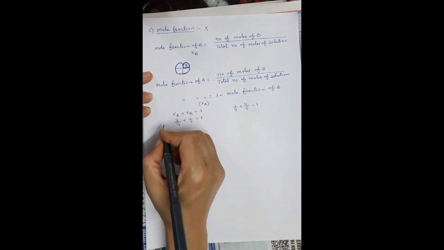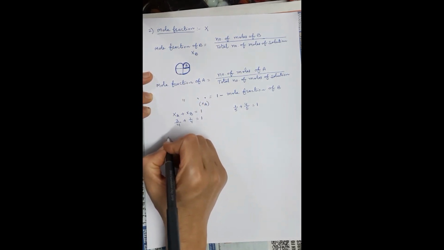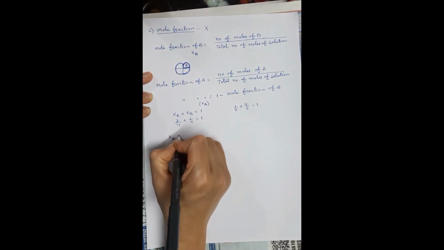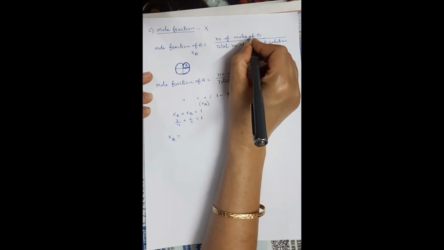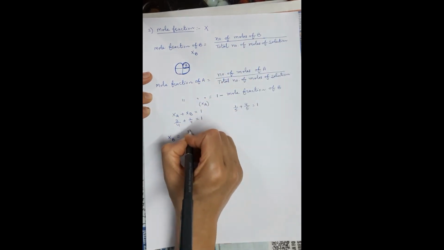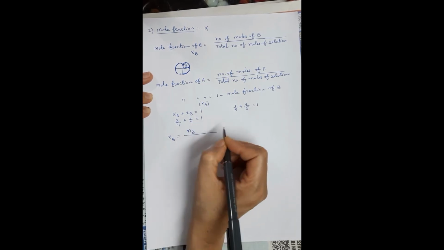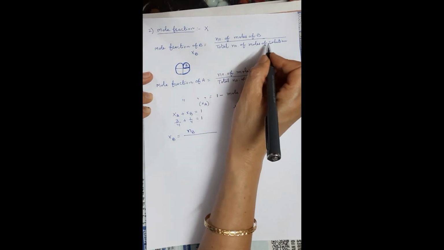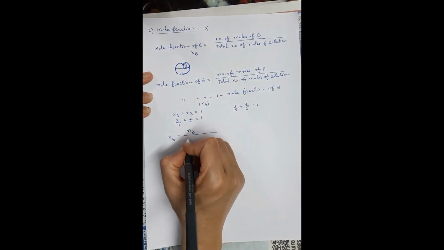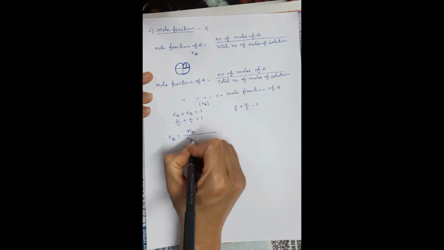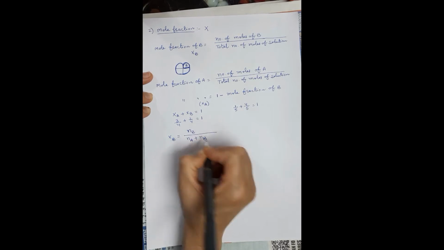Let me write it mathematically. Mole fraction of B is equal to the number of moles of B. Number of moles is represented by N. I'll write NB for the number of moles of B, divided by the total number of moles of solution, the total number of moles of A plus B: NA plus NB.